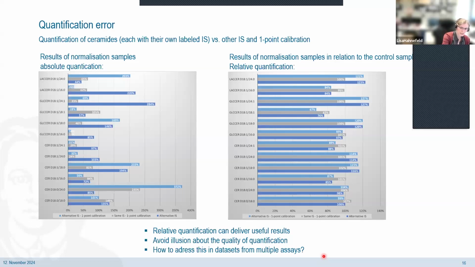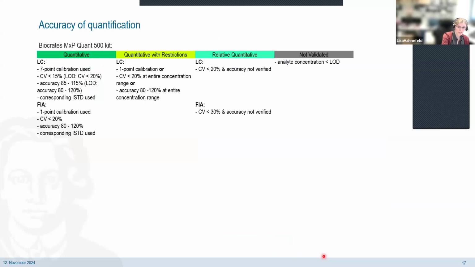And how do you address this if you have multiple data sets? In the Biocrates kit, they already do a little bit of the work for you because they label the compound quantification quality. They label whether it's quantitative with some restrictions or whether it's relative quantitative. What I now propose is that you try to reduce your important features, maybe by doing a correlation analysis or whatever.